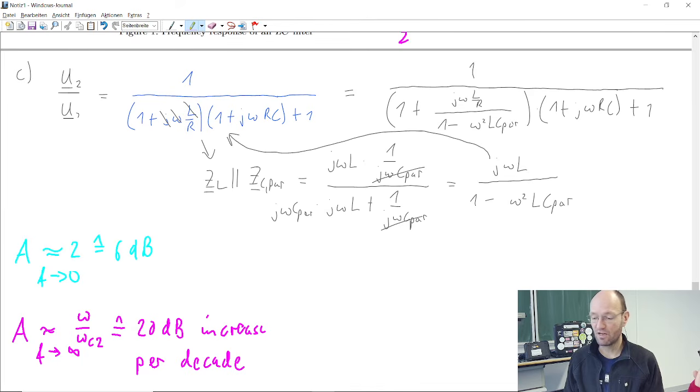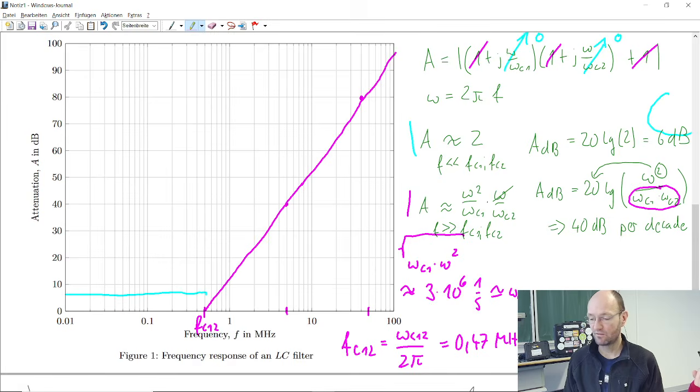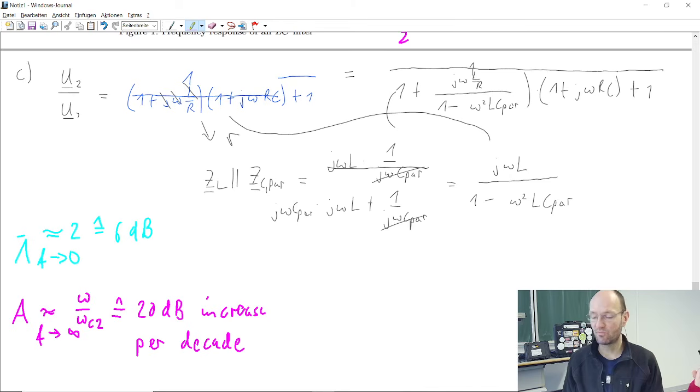At least for the very high frequencies. And in between, something happens, and this is maybe what we could still calculate by hand. Something interesting happens here if this fraction is getting 0. Because if this is getting 0, what would happen?